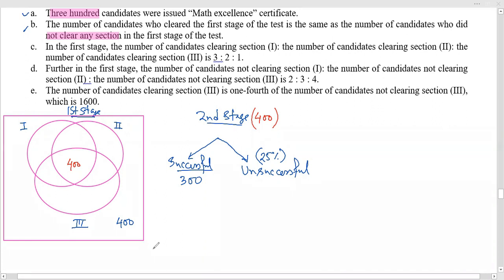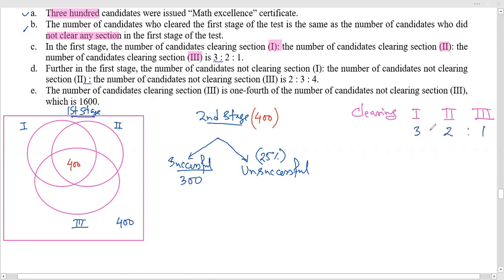Let's go to the next point, where it says that in the first stage, the number of candidates clearing section 1, the number clearing section 2, and the number clearing section 3, this ratio is 3 to 1. So the people clearing sections, the ratio is given as 3 to 1.